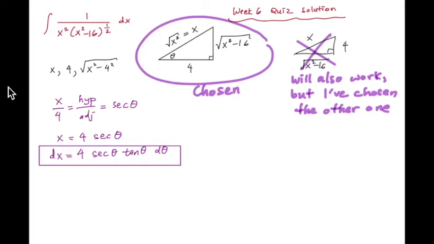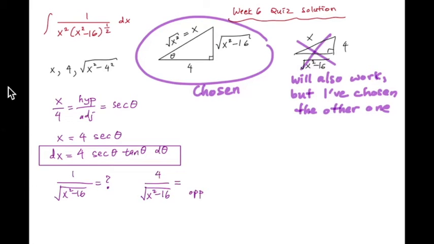Next, I need to figure out how to replace these. So let me do it one step at a time. First, let me try to figure out what is 1 over square root of x squared minus 16. So I look at the triangle and I see that I have the side that is square root of x squared minus 16. That is the opposite. And I look for another side that is just a number.